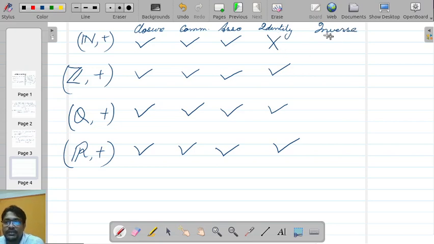Existence of identity, existence of inverse. What is inverse? In the set of natural numbers, I give you an element, say 1.